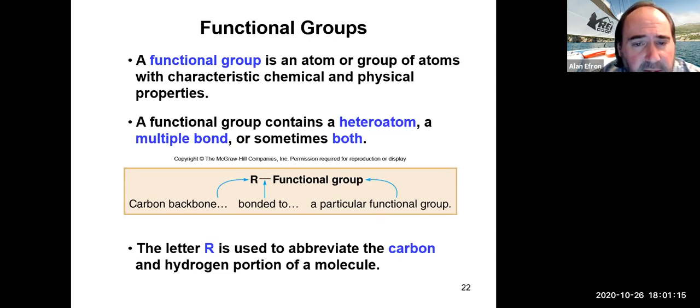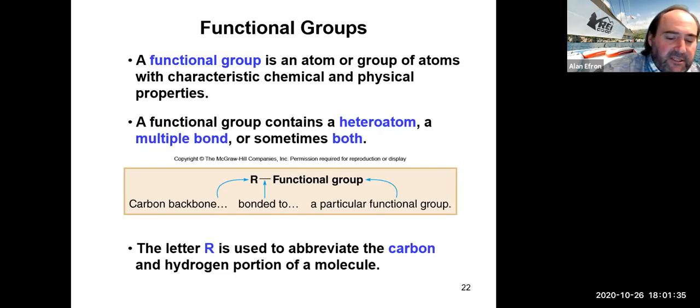It's important because it allows you to correctly identify what type of organic molecule you're dealing with. It's also important because the way you name things is based on the functional group, and a lot of the reactions that occur are based on the functional group that is present.